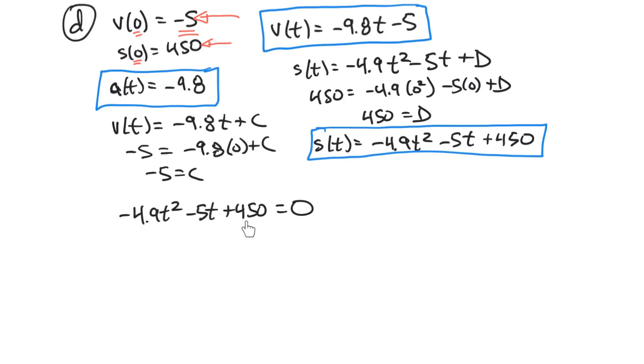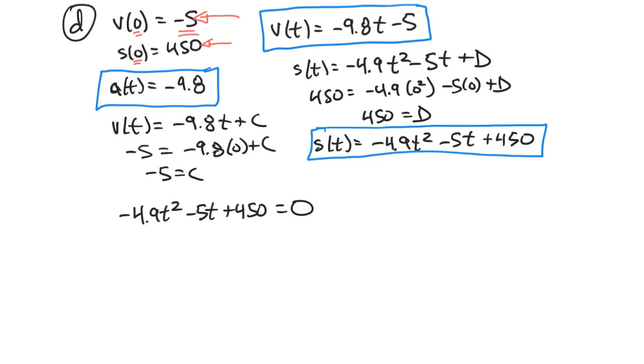So we are going to need the quadratic formula, or you might be saying, how about Newton's method? Newton's method would work. For Newton's method, let's plug this into y1 in your calculator. Take the derivative of this, which would be negative 9.8t minus 5. Put that in for y2, and you could walk through Newton's method and solve it that way.